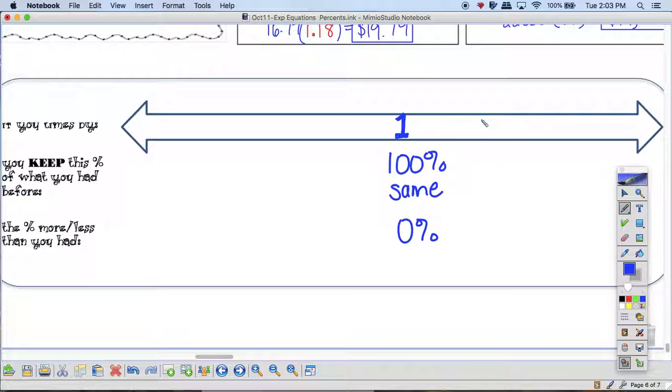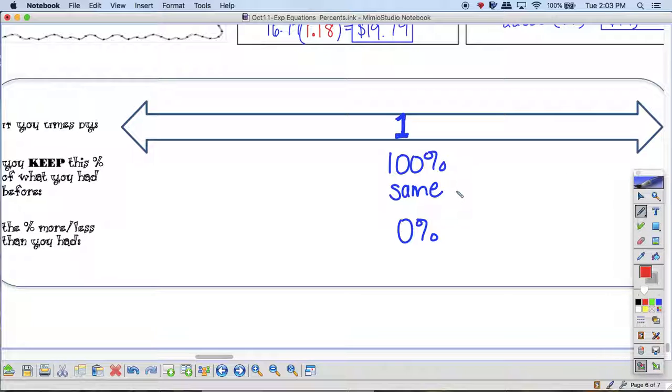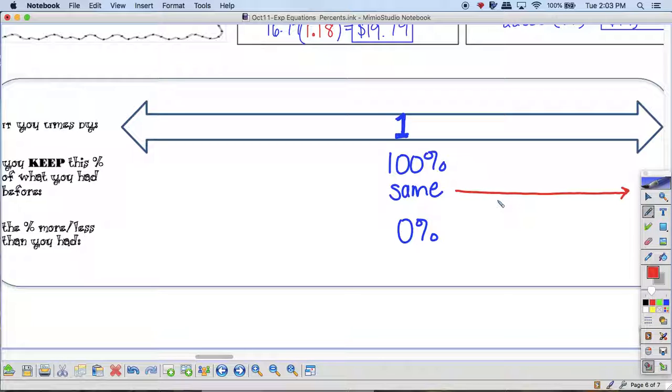Then we're going to go on either side of 1. We know that if we multiply something by a number bigger than 1, it is going to grow. And if we multiply by something smaller than 1, it is going to decay. I want you to picture this arrow, and think about how the closer you are to 1, the less it is going to change.